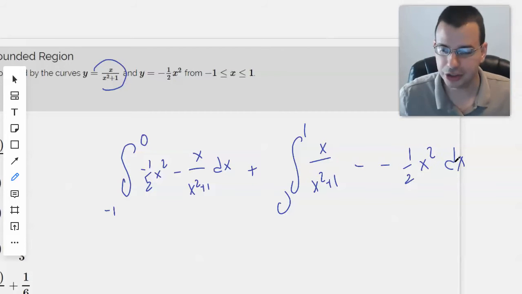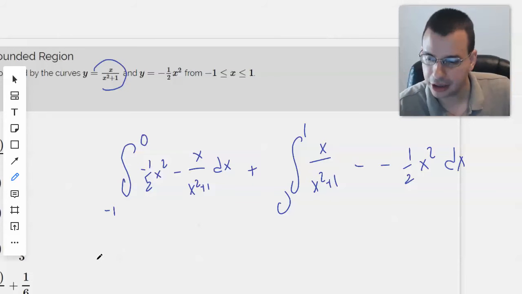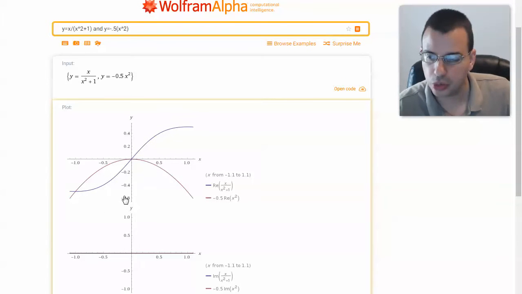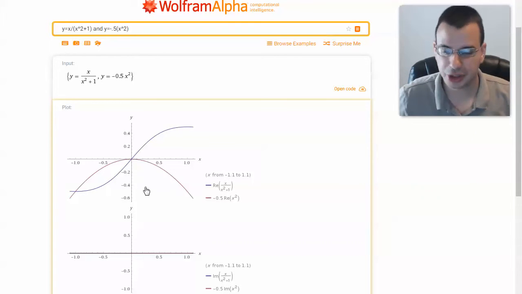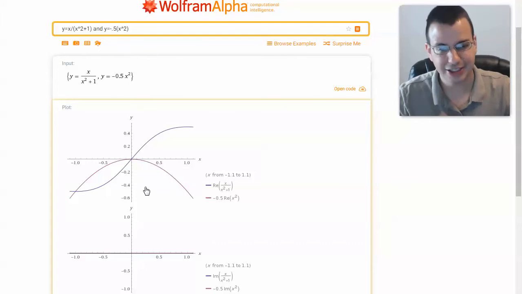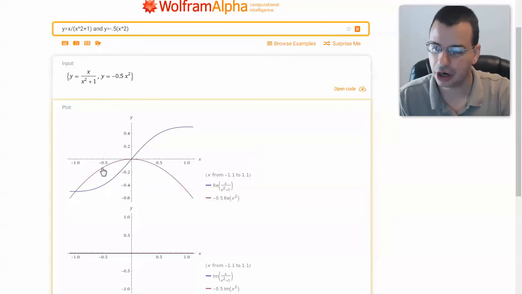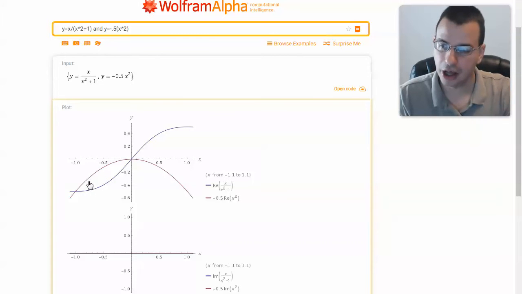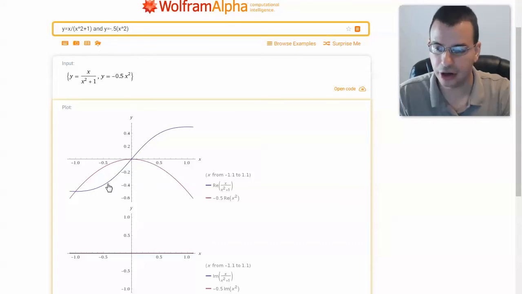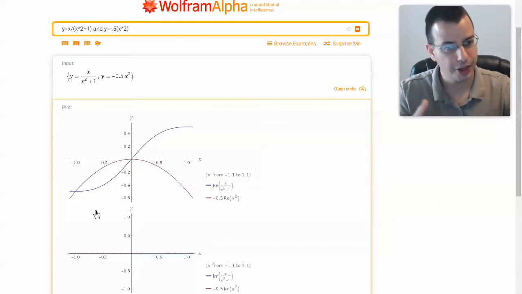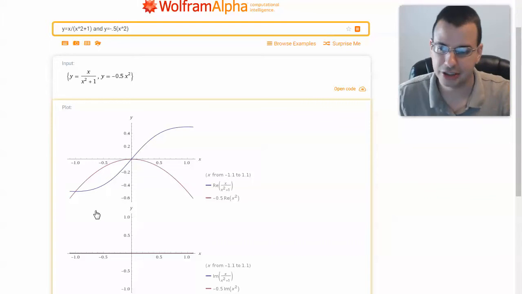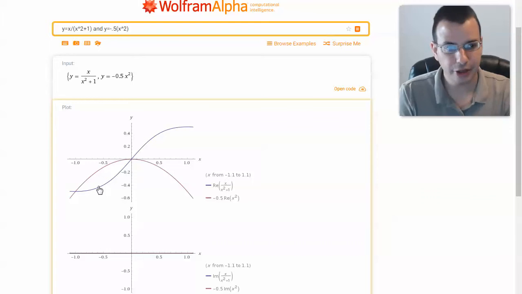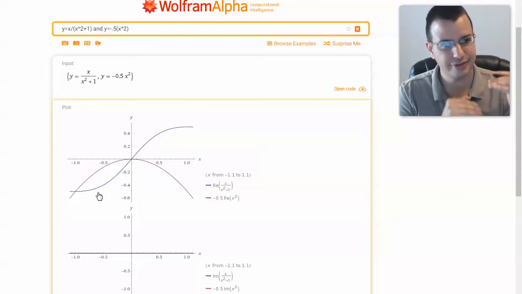And one quick thing to explain is you're thinking, all right, how do I know, do I subtract the top one from the bottom one, or do I subtract the one that's furthest away from the axis from the other one? So should we subtract this negative 1/2 x squared from this, or is it the other way around? And the mathematical way to look at this is we're trying to find the area between the curves, so we want a positive number.